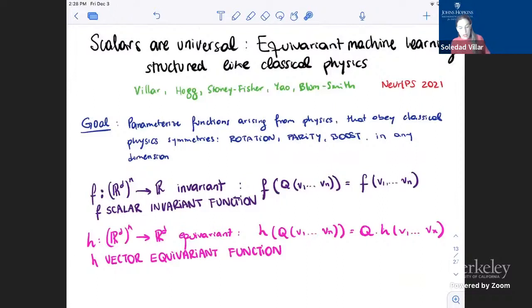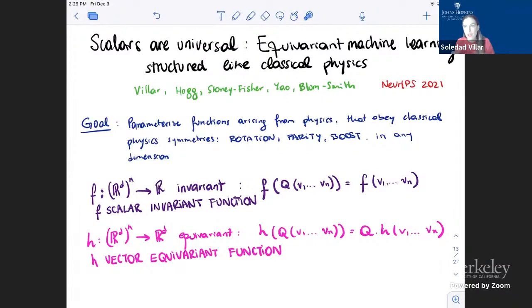What I wanted to present today is my work that is going to appear at NeurIPS next week, which has a simpler parameterization of equivariant functions with respect to specific groups used in physics, in particular rotation, parity, and boost, in any dimension.